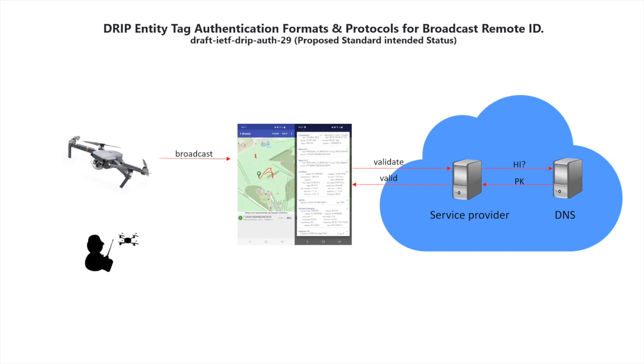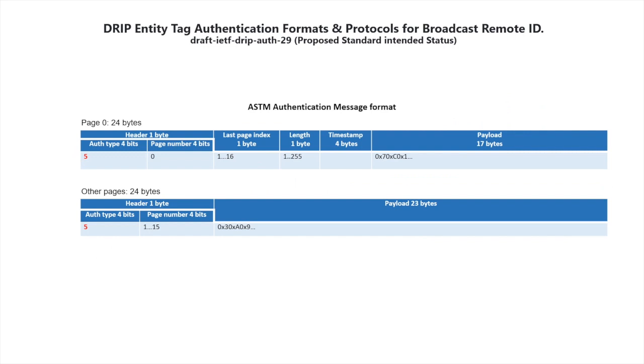When an observer receives a DRIP-based authentication message containing signed evidence, it should validate the signature using the host identity corresponding to the DET. The host identity should be retrieved from DNS or from a local cache. On this slide, you can see the specific authentication method and message format suggested by the DRIP working group.